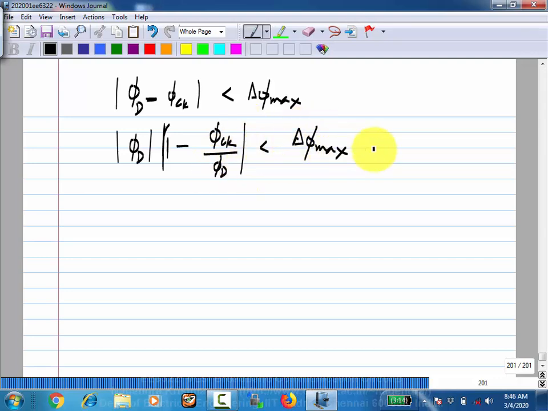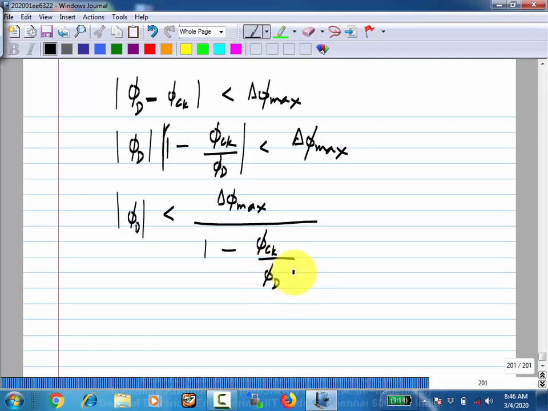So phi d should be less than delta phi max divided by 1 minus phi ck by phi d. And how much is this? This 1 minus phi ck by phi d will be s square by omega u omega z divided by 1 plus s by omega z plus s square by omega u omega z.